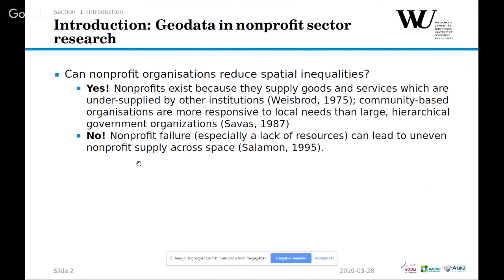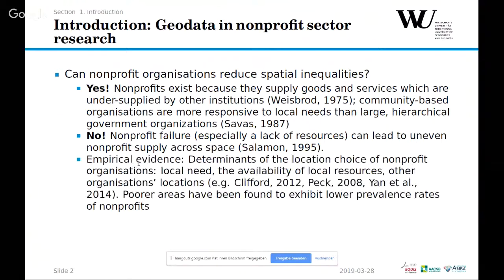But on the other hand, there are deliberations that due to a lack of local resources, nonprofits are not able to supply services equally across space, so they would not be able to reduce spatial inequalities. Empirically, there is quite a large body of evidence.